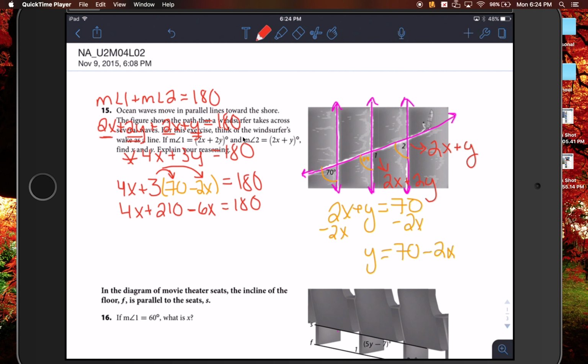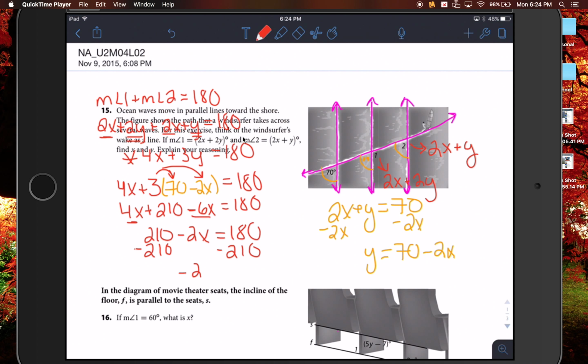So now I'm going to combine like terms again. 210 is its own thing. 4x minus 6x is negative 2x. That equals 180. So now I'm going to subtract 210 from both sides.